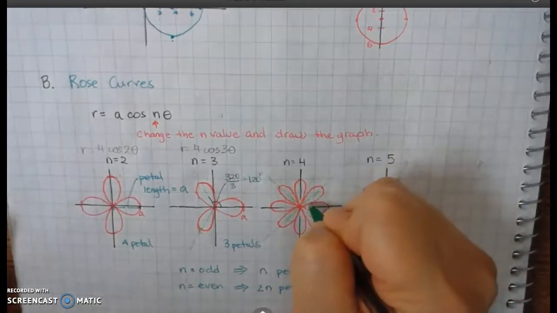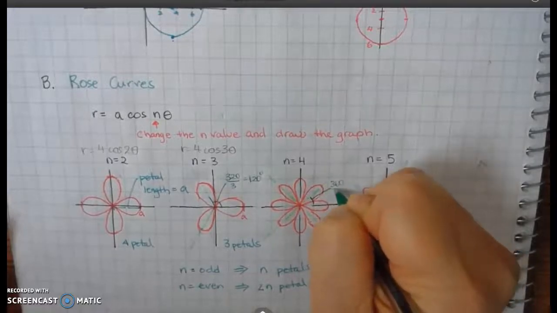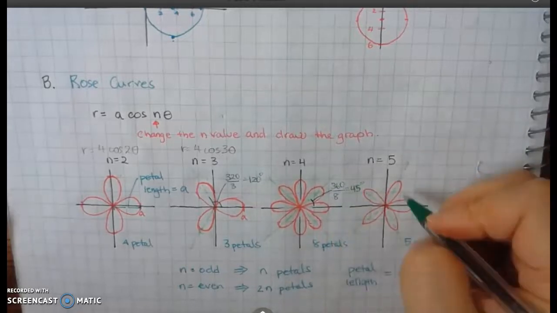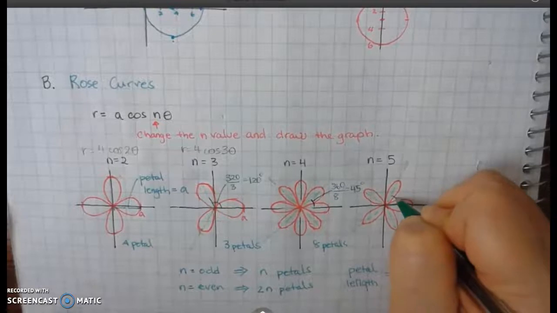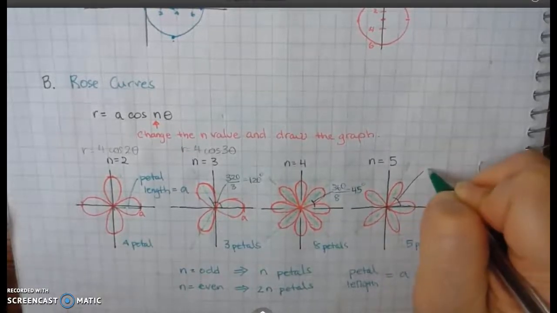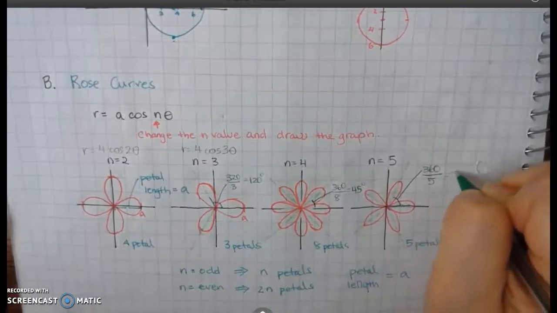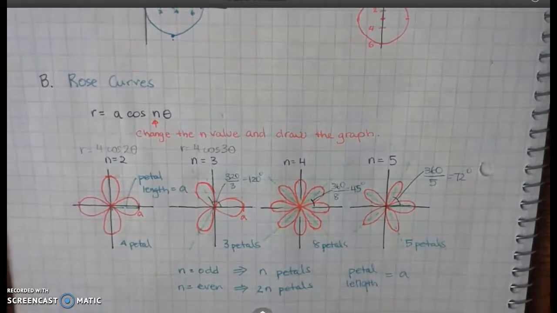So the angulation here is going to be 360 divided by the number of paddles, which is 8. That's 45 degrees. And here you have 5 paddles. So the angle here is 360 divided by 5, which is going to be 72 degrees. So that helps us to be able to graph pretty accurately.